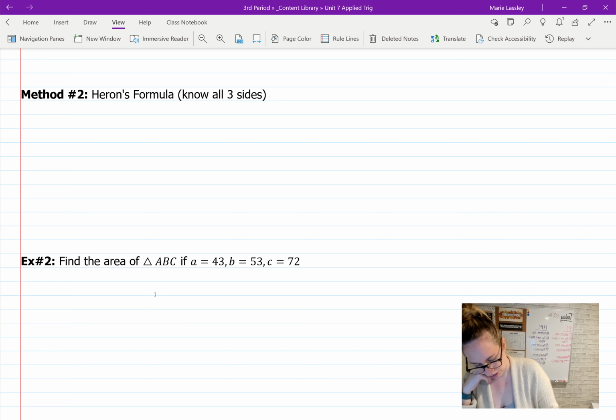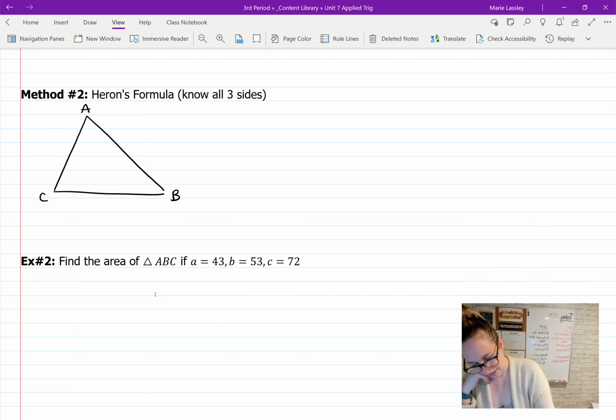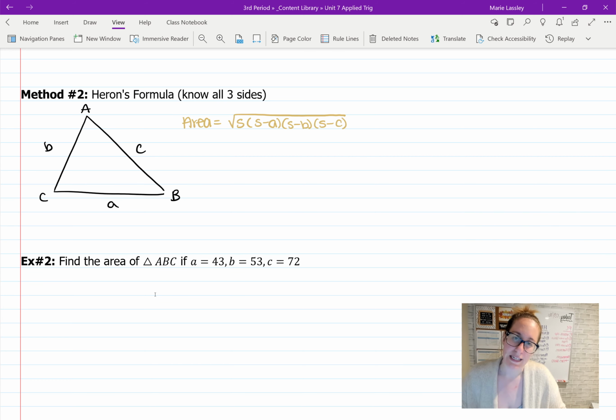So again, I'm going to draw a triangle. All right, so A, B, C, side A, side B, side C. All right, and it looks like this. Area equals the square root of S times S minus A, S minus B, and S minus C. And you might be wondering, what is S?